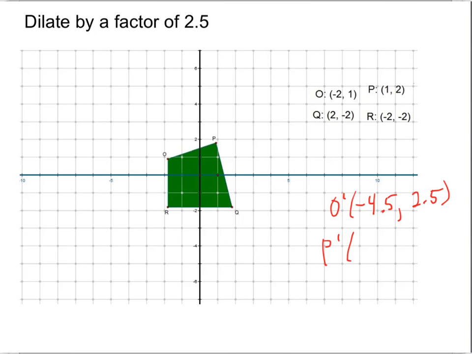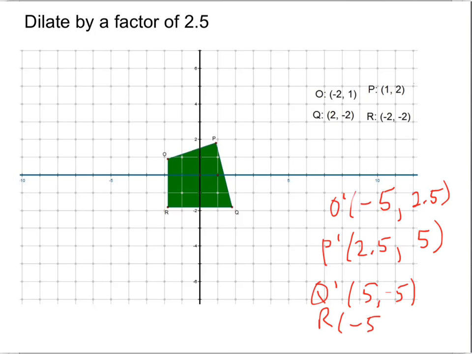P prime would be 2.5, 5. Well, actually, that should be negative 5, right? Negative 5. And Q prime should be 5, negative 5. And then finally R prime should be negative 5, negative 5.